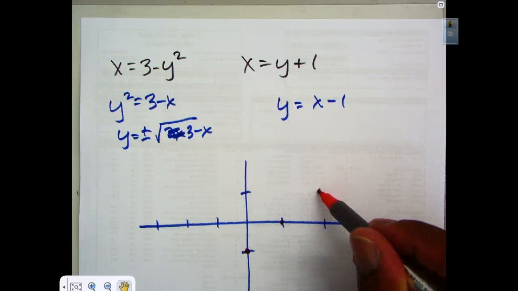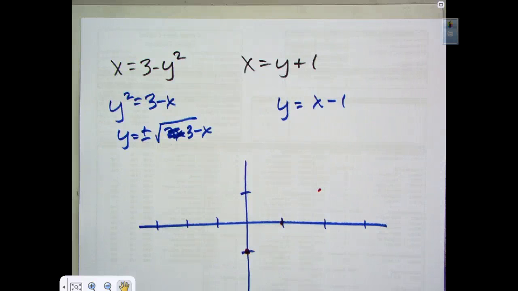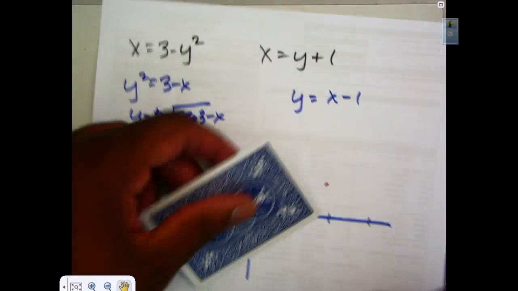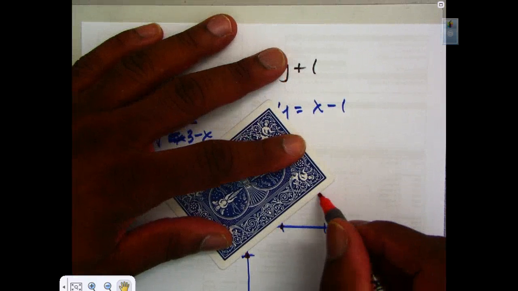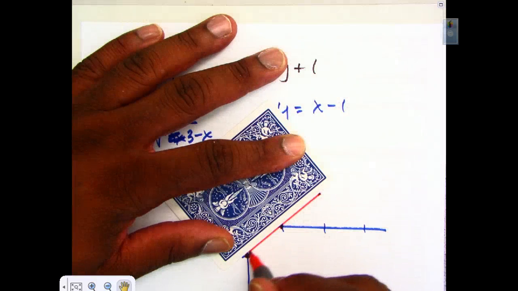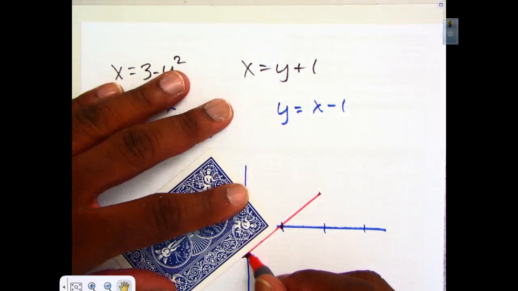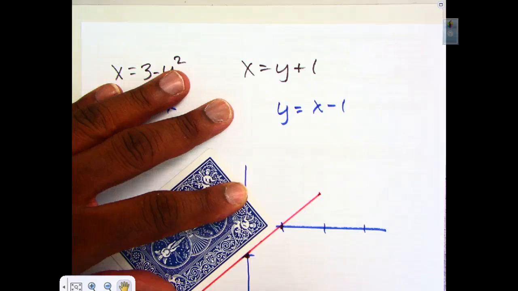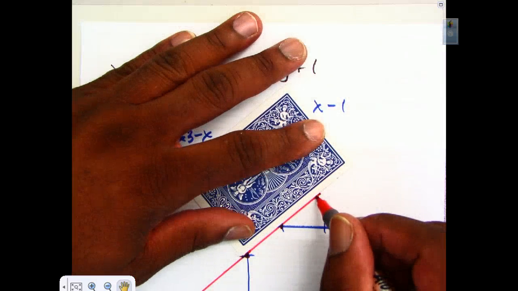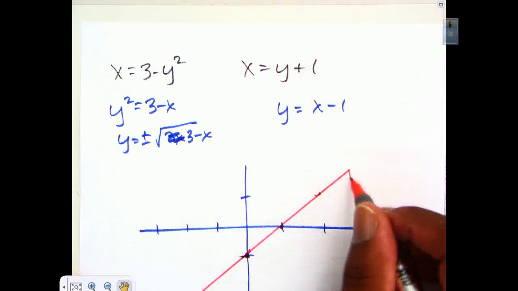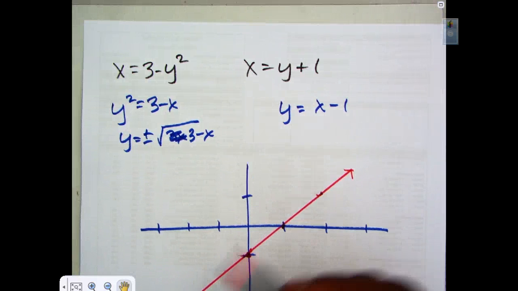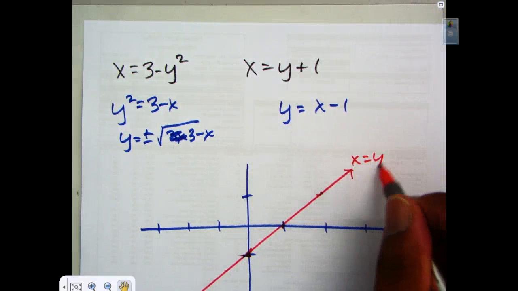So we can take a straight edge and draw a line through those points. Okay, so here is the graph of x is equal to y plus 1.